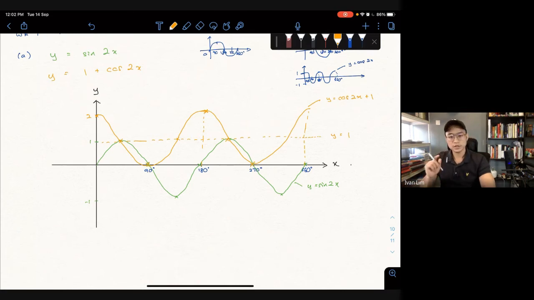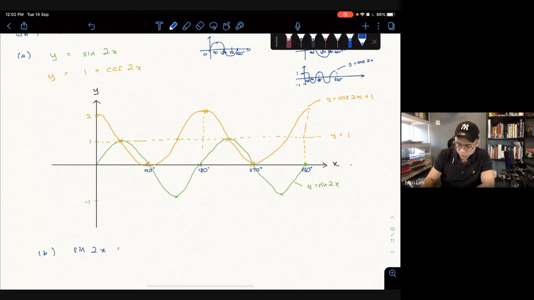They are not asking you to state the roots, but just state the number of roots. Read the sentence carefully. State the number of roots means just the number. How many? 1, 2, 3. How many solutions are there? But the thing to recognize is this equation, sine 2x equals 1 plus cos 2x.